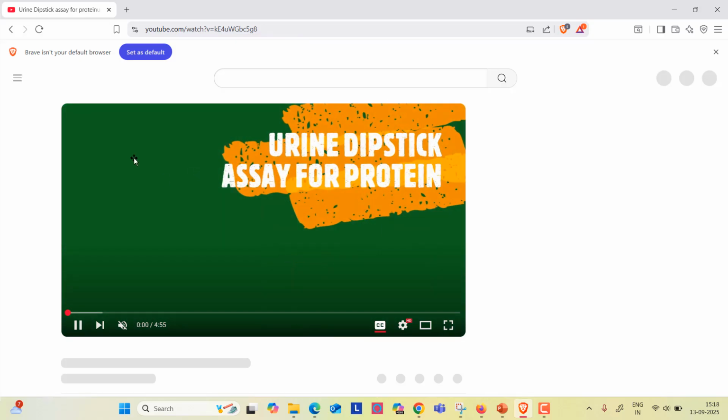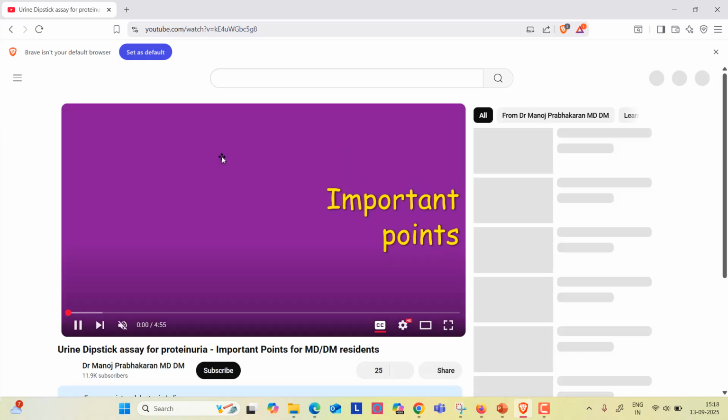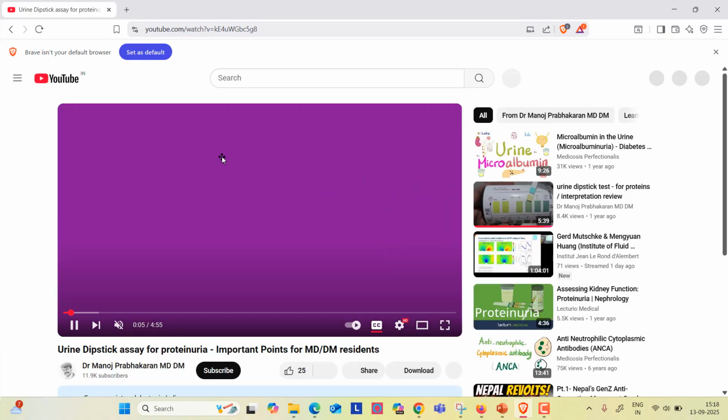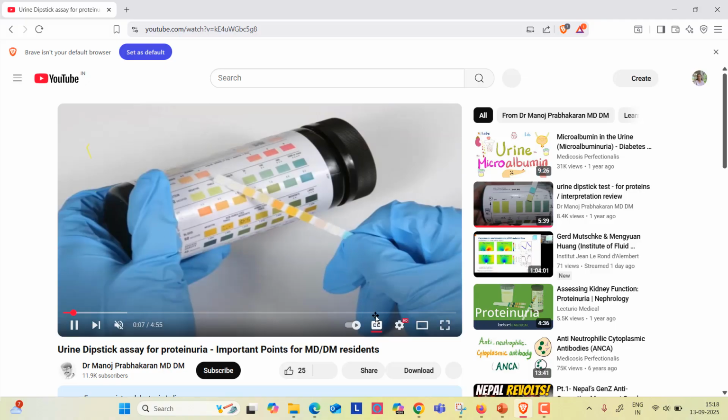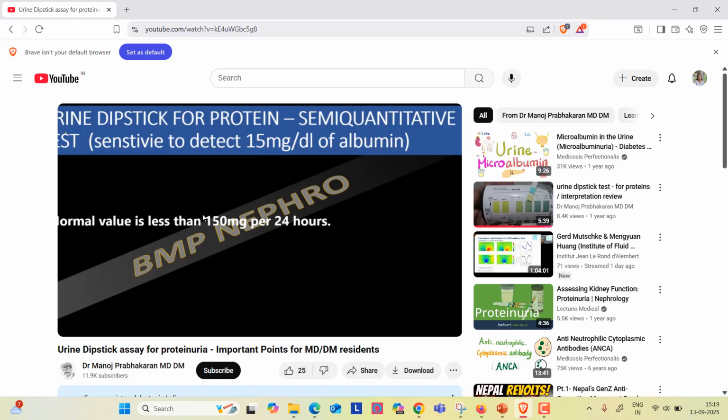This is the urine dipstick assay for detection of protein. So you can use it by your own at home.